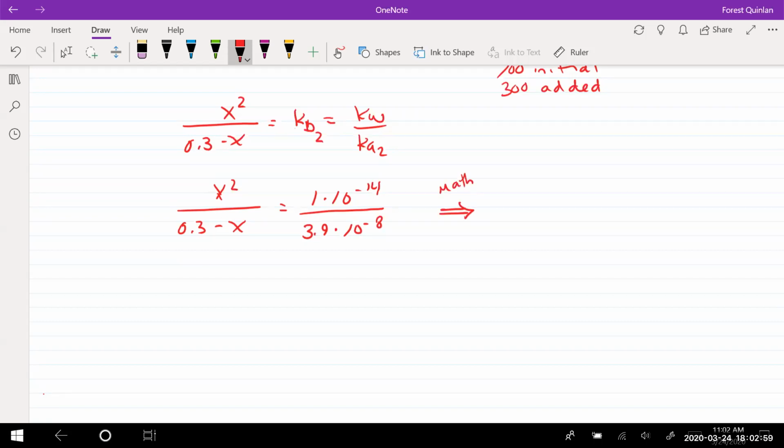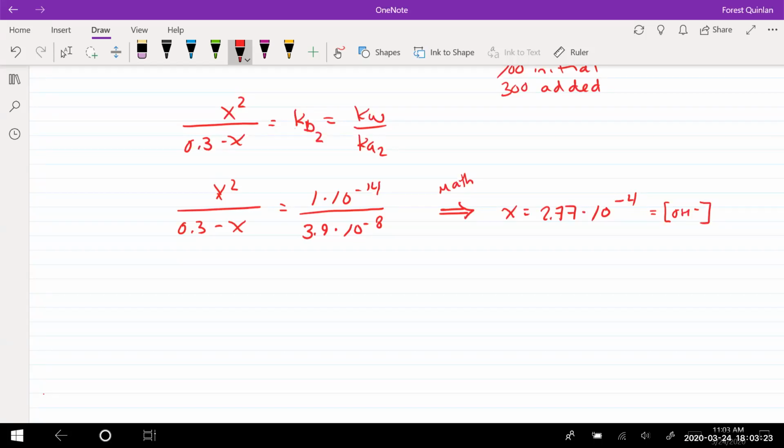If we do the math, you end up that x is equal to 2.77 times 10 to the minus 4. And so, Ferris, what is x? And she will say the OH minus.